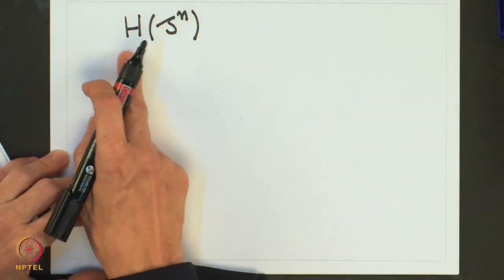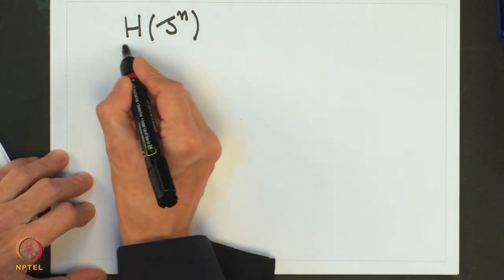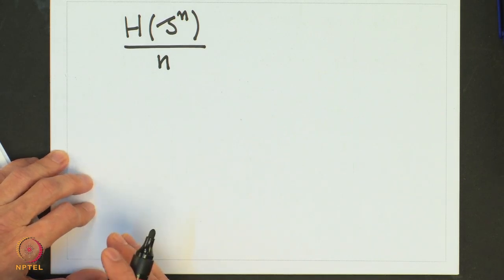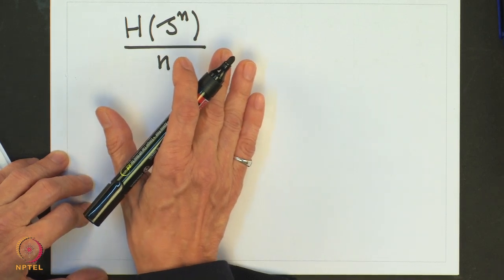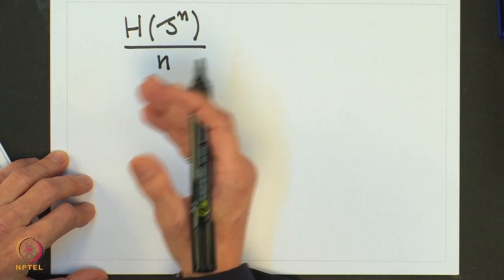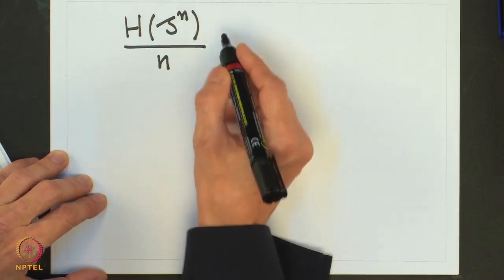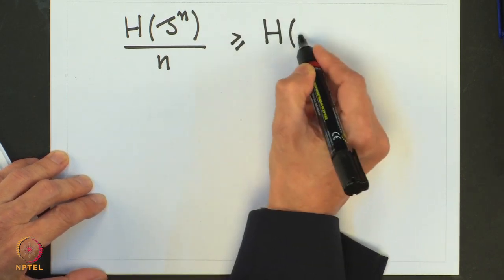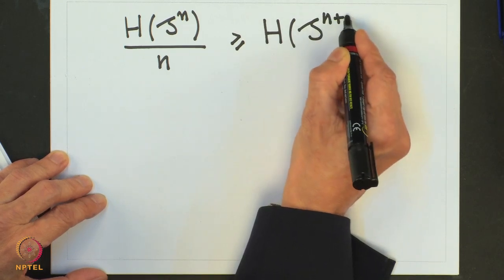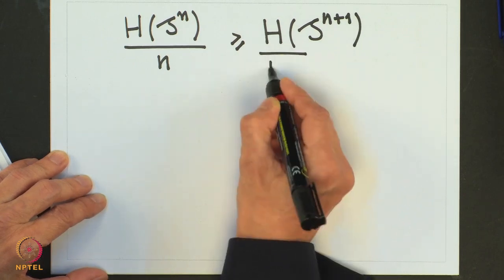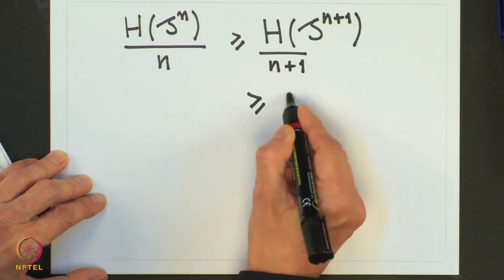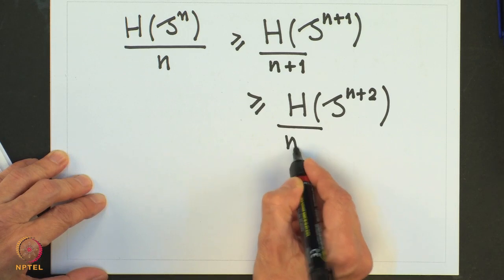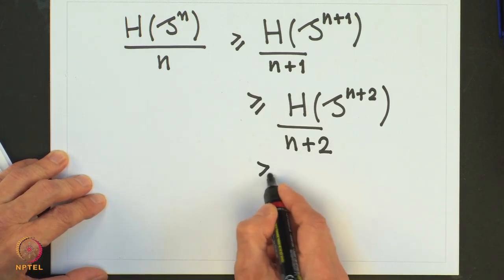So, if we calculate the entropy of the nth extension of the source with memory and divide it by n, then it is intuitively satisfying, and we can also prove it more rigorously mathematically, that this quantity should be larger than or equal to H(S^(n+1))/(n+1), and this should be larger than H(S^(n+2))/(n+2), correct.